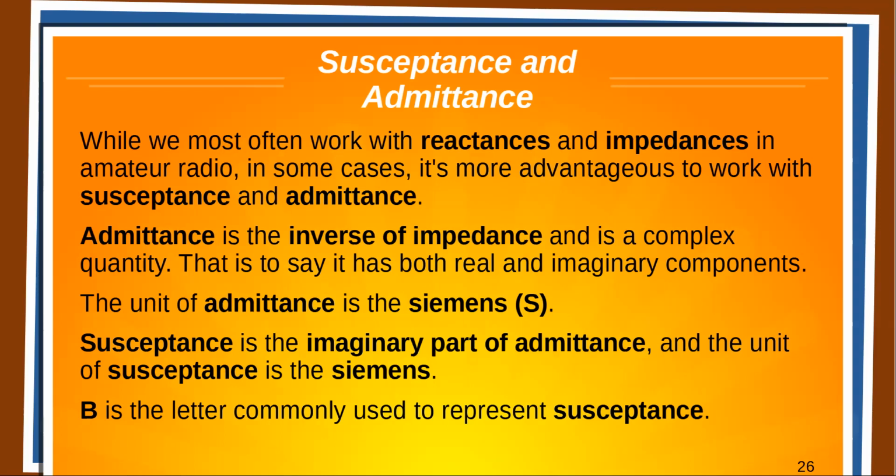Susceptance and admittance are basically the reciprocal of impedance and reactance. So the reciprocal of impedance is called admittance, or 1 over Z. So what's the difference from conductance?